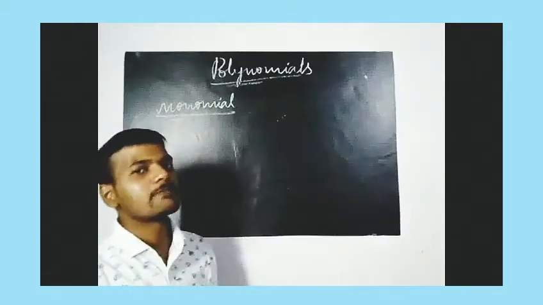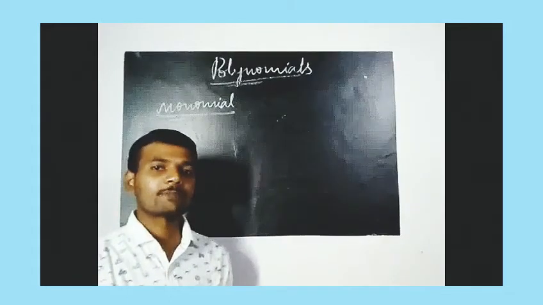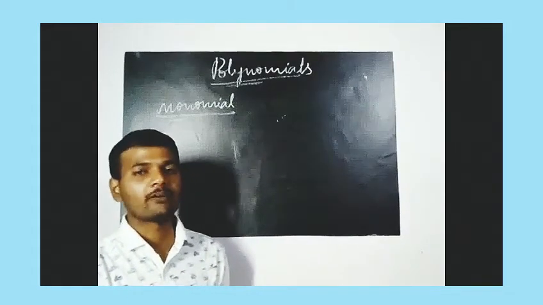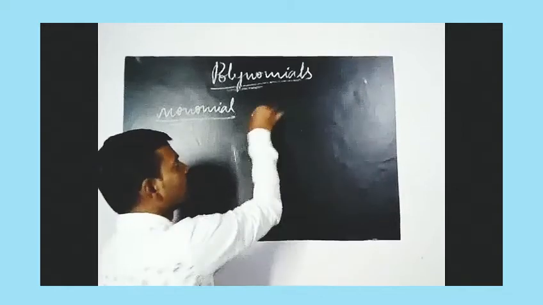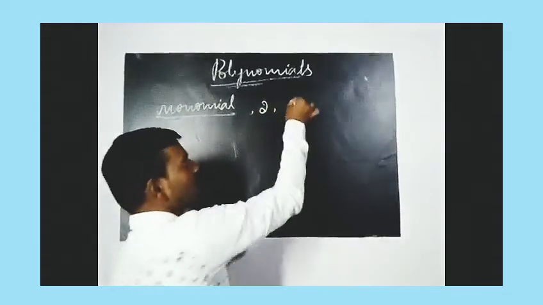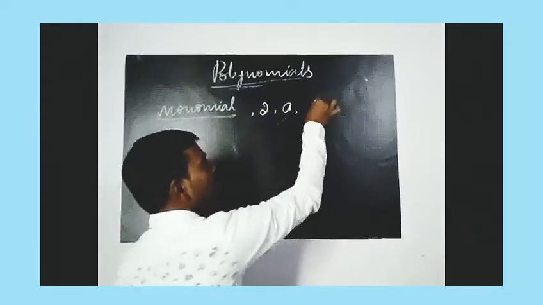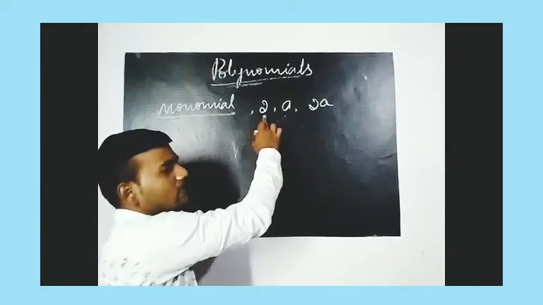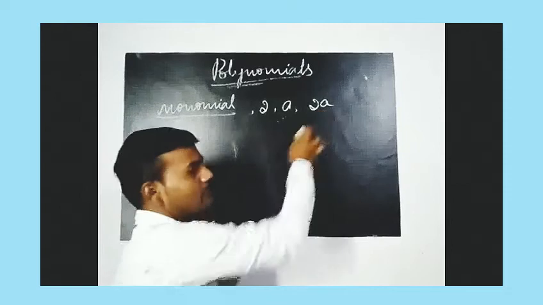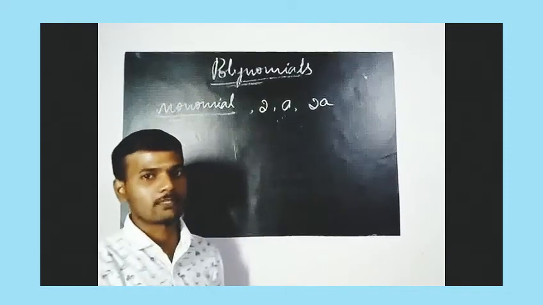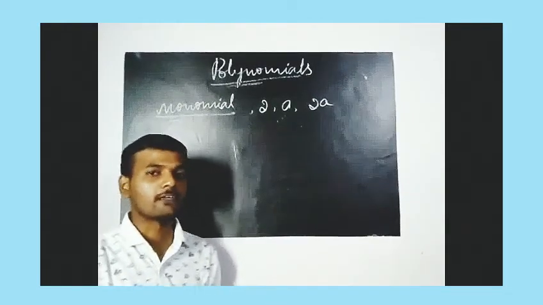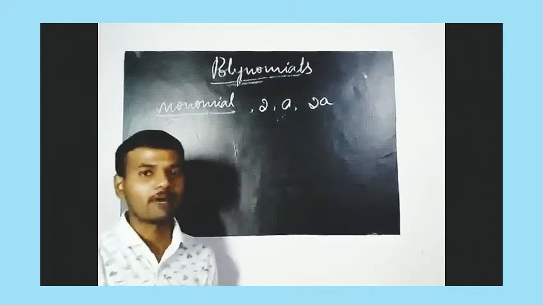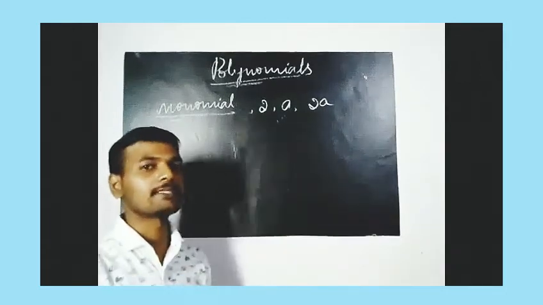Monomial means an algebraic expression having only one term. It may be a constant, or a variable, or a combination of both constant and variable. Those are the single terms. So an algebraic expression having only one term is a monomial.